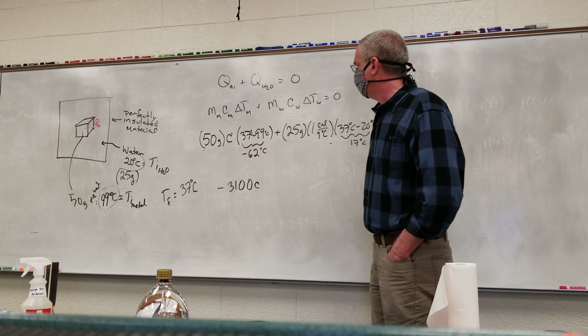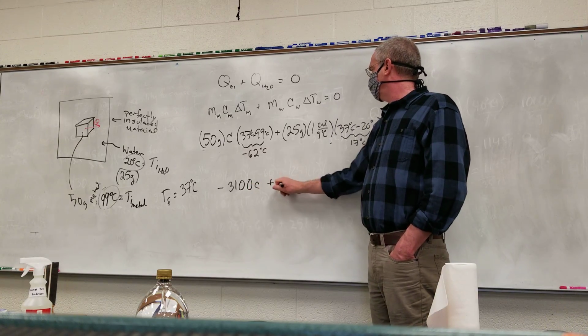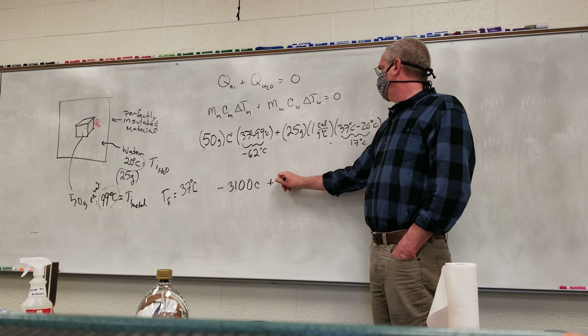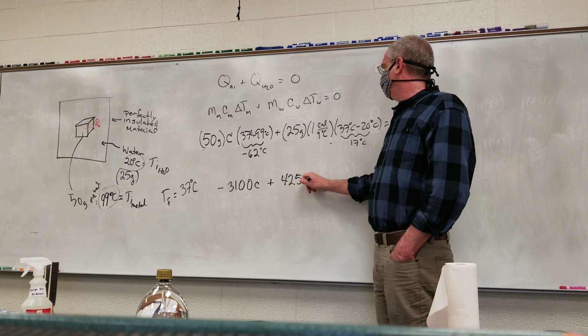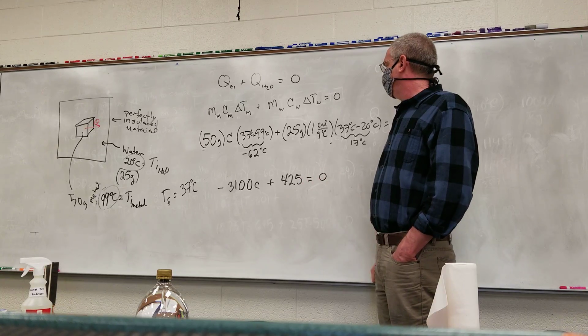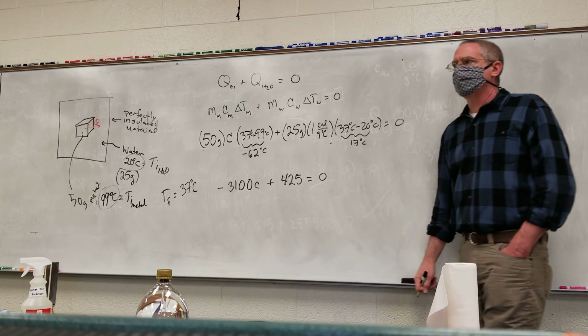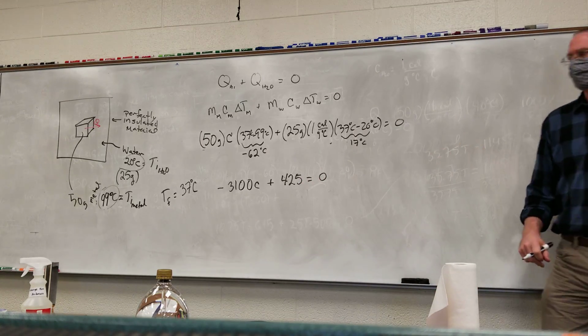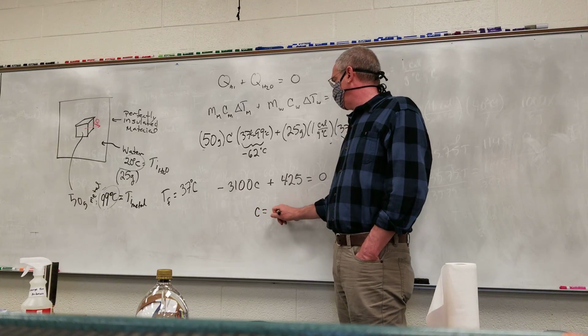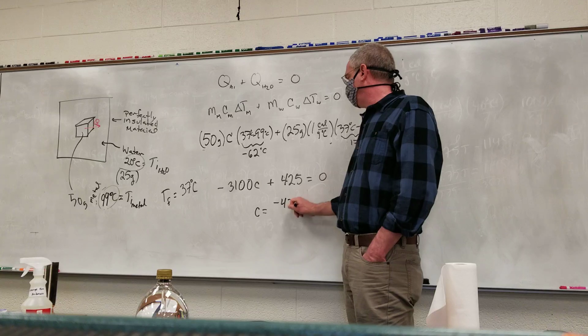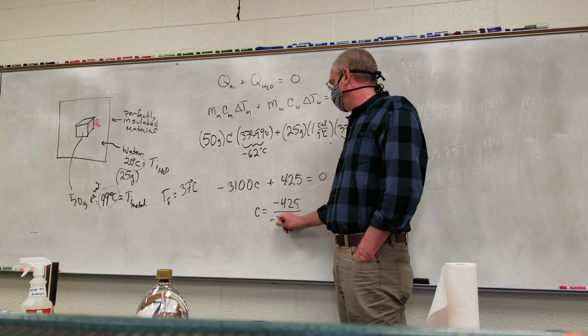Negative 3100 C plus 425. That's right. And so for my specific heat, we subtract 425 from both sides and then divide by negative 3,100.